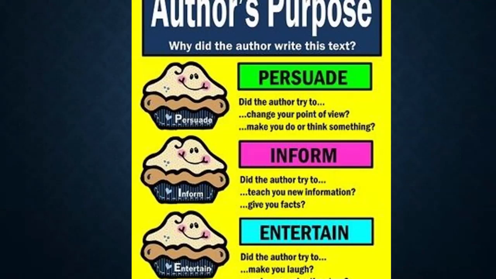So those are entertaining stories. Those are not true, but they make you happy or make you feel different ways. Entertainment. So persuade, inform, entertain. Those are what we call the author's purpose, the reason why they wrote it. Okay.